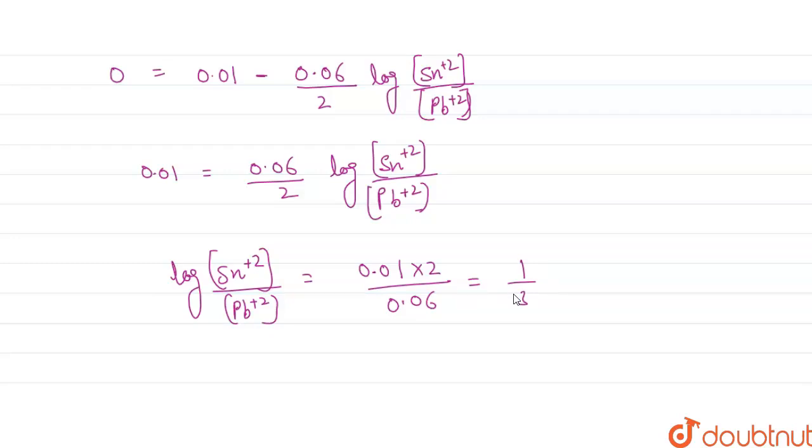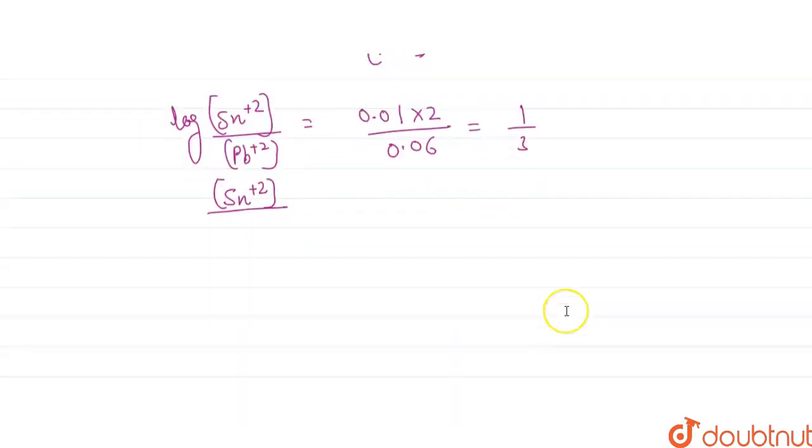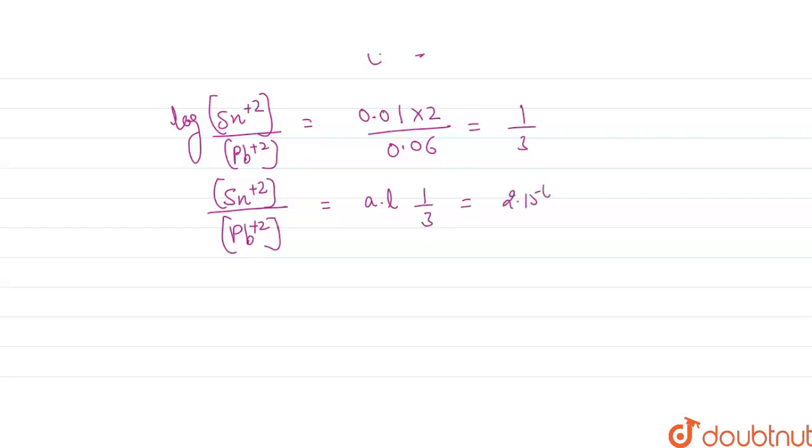So the concentration of Sn2+ upon concentration of Pb2+ is equal to antilog of 1 by 3. So this will become 2.154, or we can say 2.1.